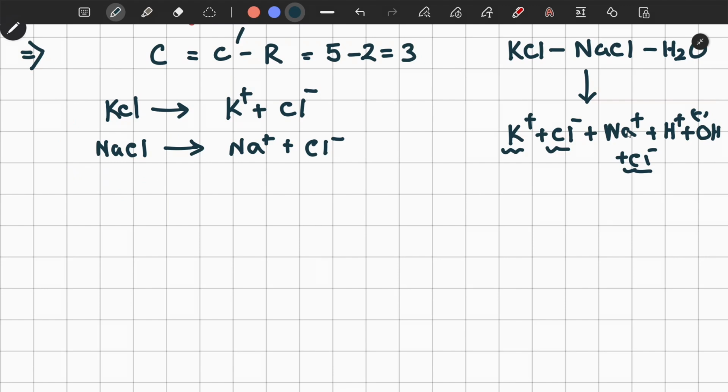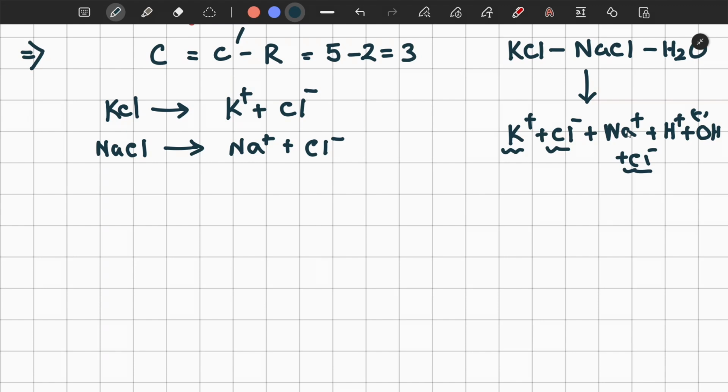If you consider the side before dissolving, where we are not considering the salts dissolving, then also it will be KCl, NaCl, and H2O. So three components are there, and there is no restriction, so it will be 3 minus 0, which is 3. So by this logic also you can do it, considering the left side also, yes, both.